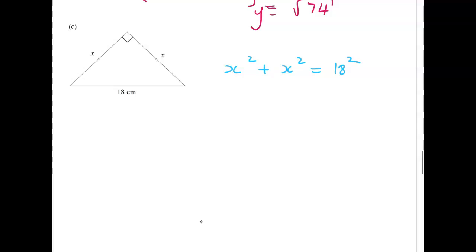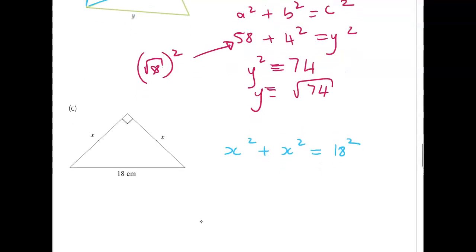The process is no different to what we've done in the past, but we do need to use a little bit of algebra and like terms. So you've got x squared plus x squared. What's that equal to? Do not say x to the power of 4. No, because there's a plus in between there. 2x squared.